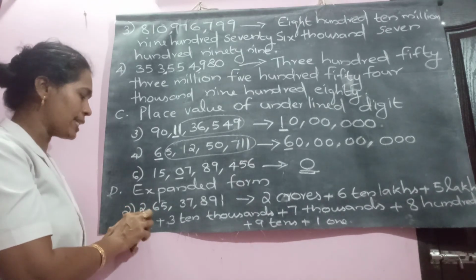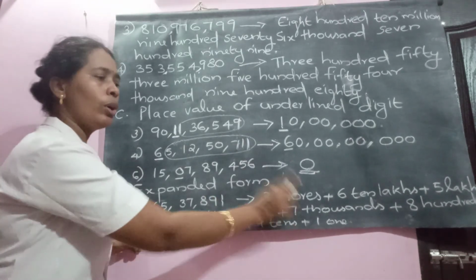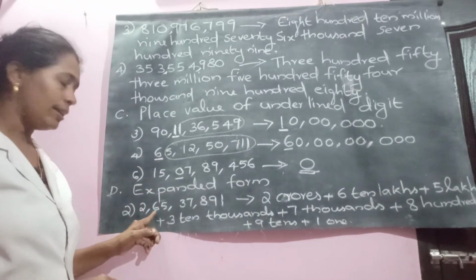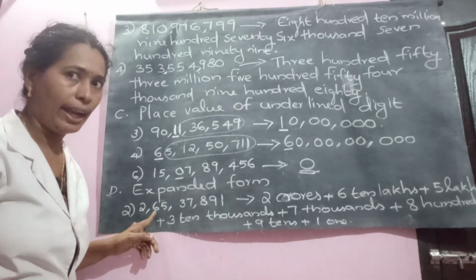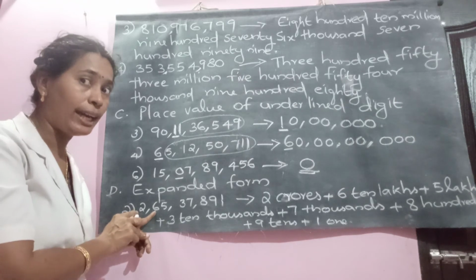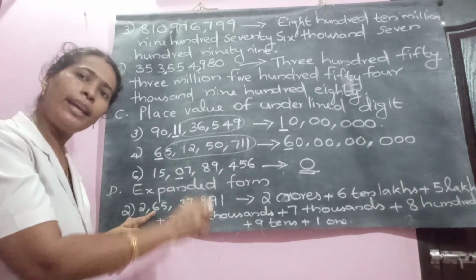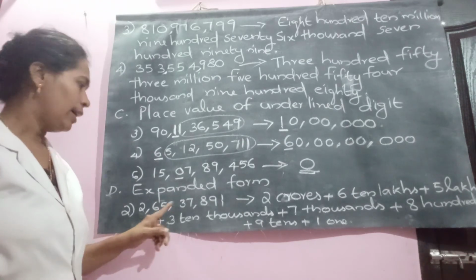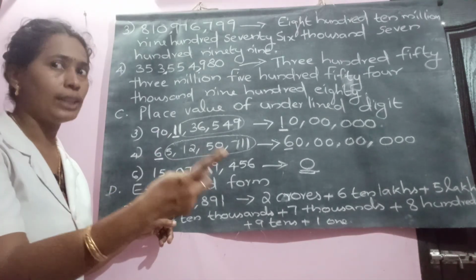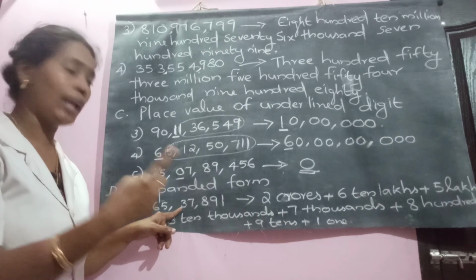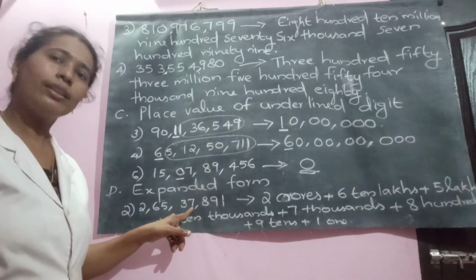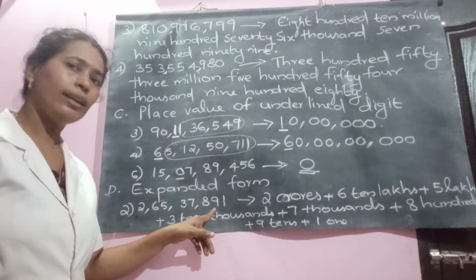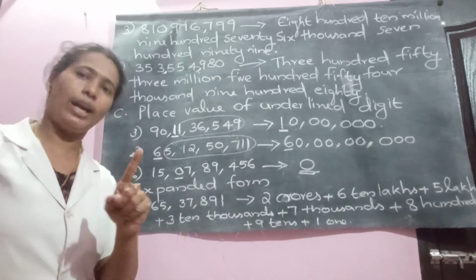So the teacher has written 2 crores. 2 crores plus 6, 10 lakhs. 6 is in the place of 10 lakhs. So 6, 10 lakhs plus 5 lakhs, 3, 10,000, 7 thousands, 8 hundreds, 9 tens, 1 one.